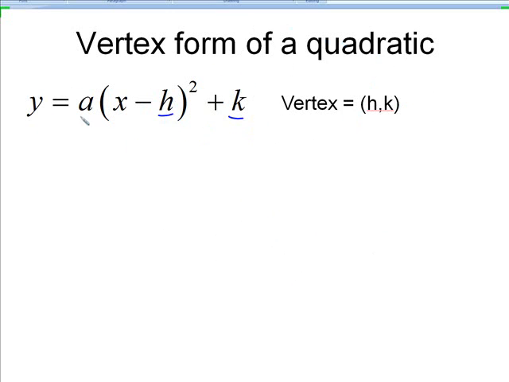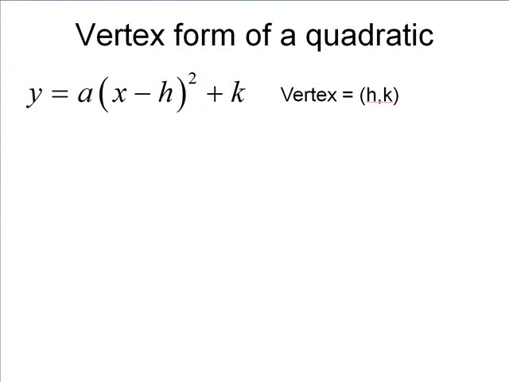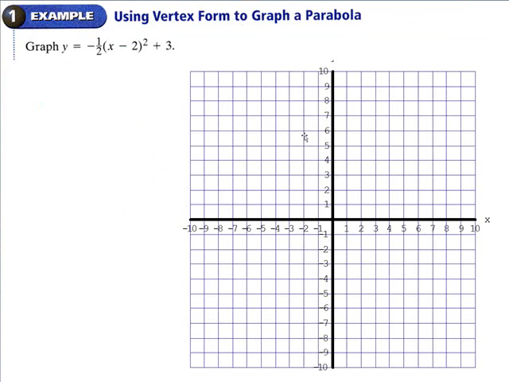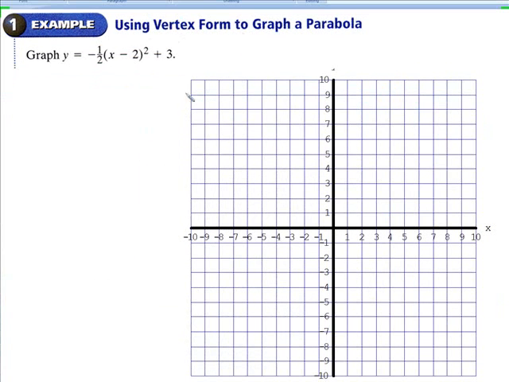Just keep in mind, this is the vertex form of a quadratic. The a value is in front of the parentheses instead of the absolute value now. And we're going to use it kind of the same way to graph, using the shortcut method. Let's do an example real quick. Let's say we need to graph this right here.